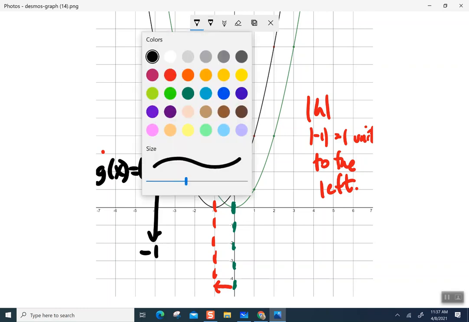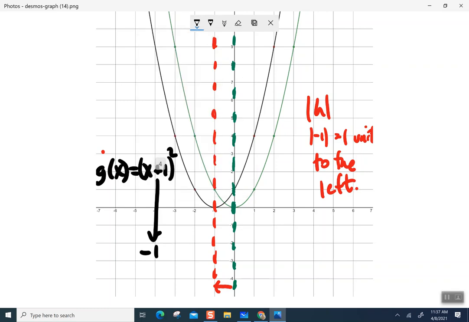Because in order, and I hope you kind of put this together in your head, the only thing that I could plug into here to get a positive 1 in my generic form had to have been a -1. That confirms with me it had to be a horizontal shift to the left.